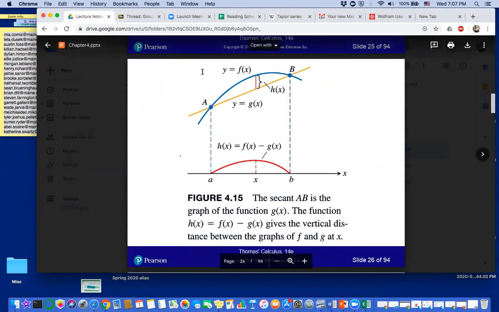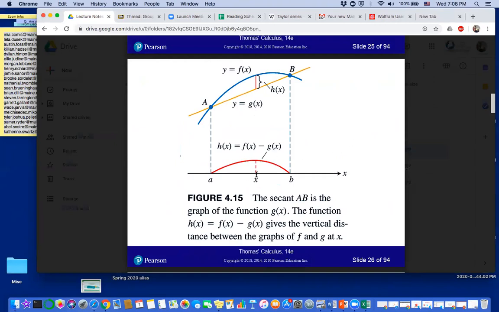You have f of x, that's the blue line. You have g of x, the yellow line, and their difference is represented by this red line. Does this picture make more sense to you now? Have a look. Yes or no? Yes, okay. I got a couple of yeses.